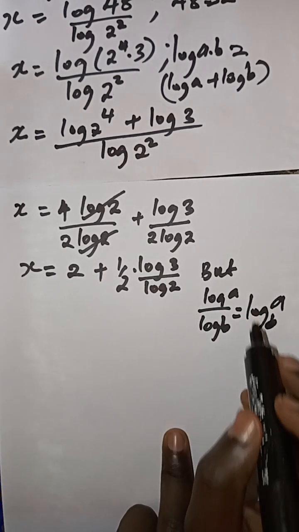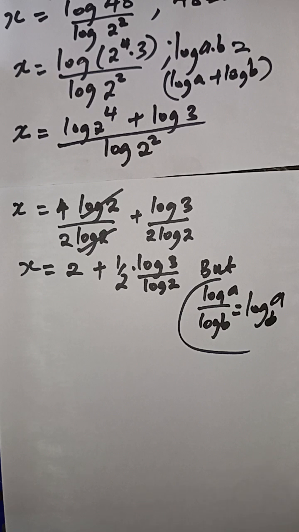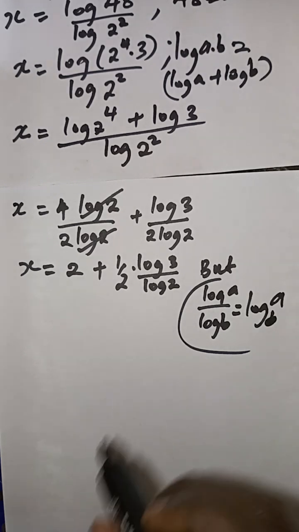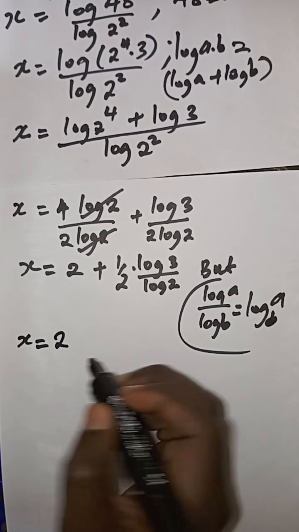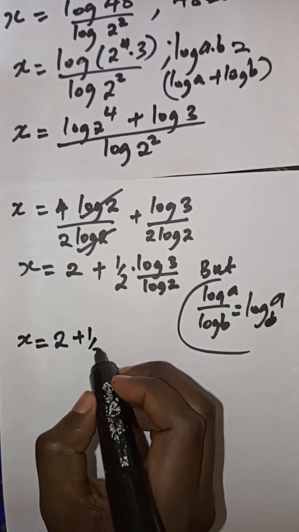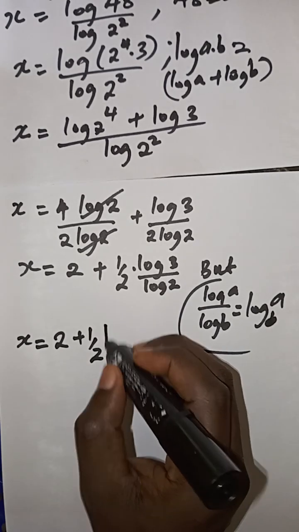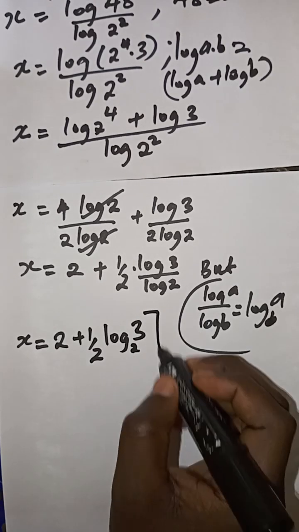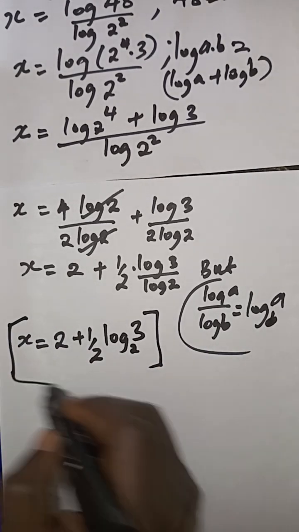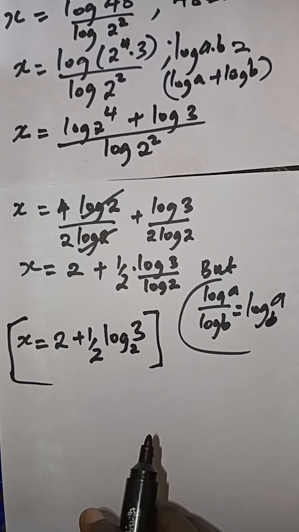So rewriting this under a single log, the equation is now going to change to x is equal to 2 plus a half, then the base can come up as the log of 3 to the base of 2, as the required solution for x for that particular equation.